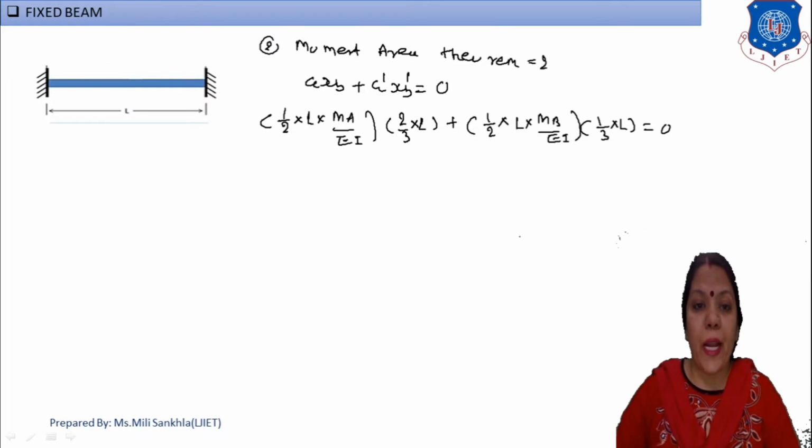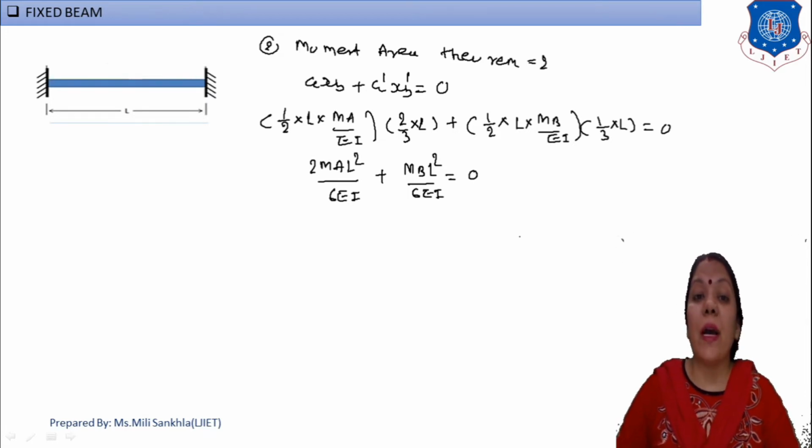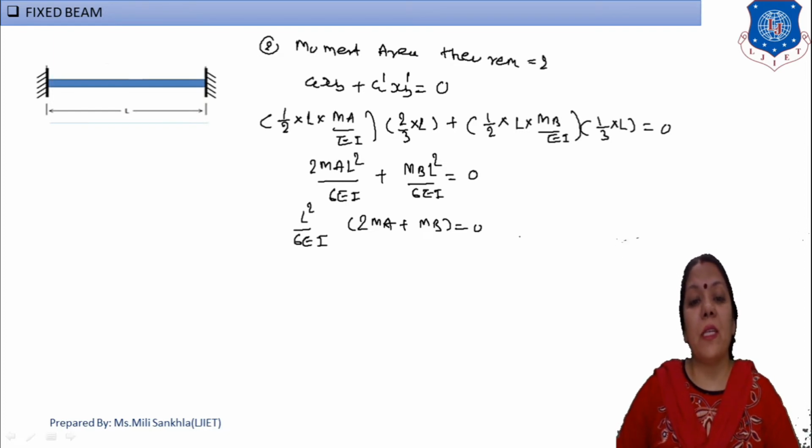First 2 MA L square by 6 EI plus second MB L square by 6 EI is equal to 0. Now what is the common value from first and second? L square by 6EI, common term separated out, and in bracket first term left 2MA and second left MB is equal to 0. Now cross multiply this term, that means our answer is 2MA plus MB is equal to 0.